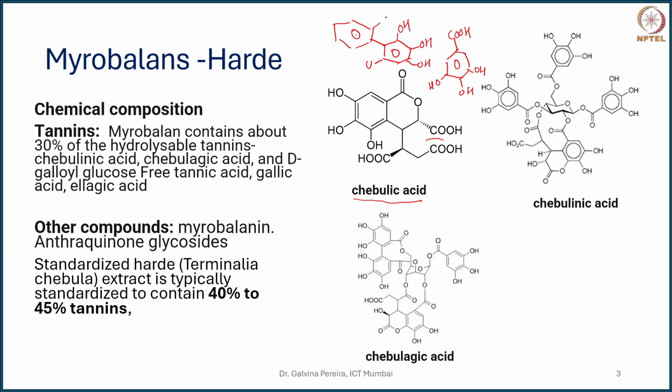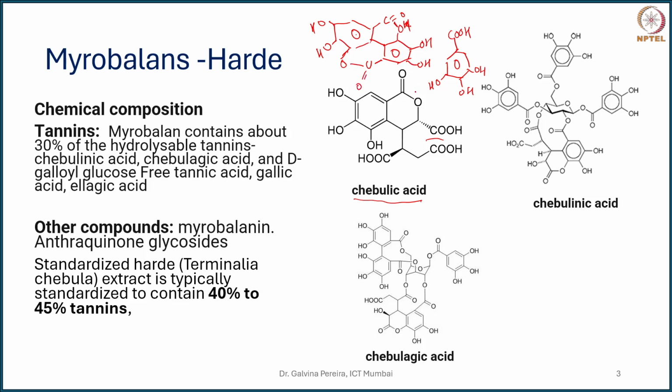Similarly, you can have this as your carboxylic end, and opposite you have a para and 2 meta-hydroxys. Now what happens is this hydroxy is often lactonized to give you what is called as your ellagic acid derivatives. So this is how your ellagic acid appears.